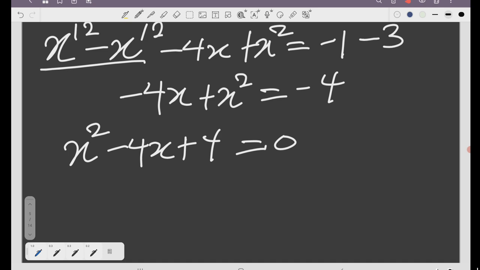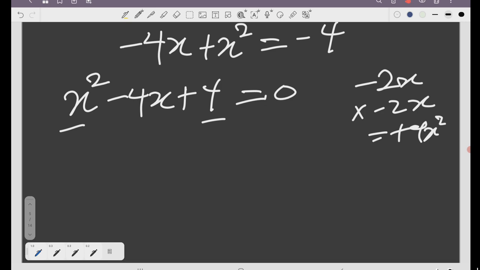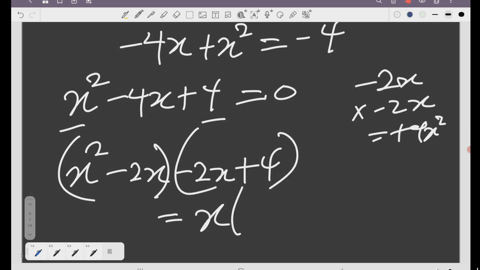How do you now simplify this? We find two numbers. For example, minus 2x multiplied by minus 2x should give you plus 4x squared. So we have x squared minus 2x minus 2x plus 4, which we bracket like this. x is common in the first case.